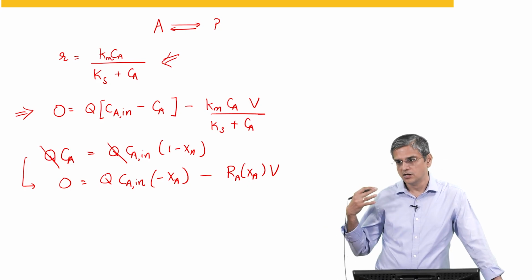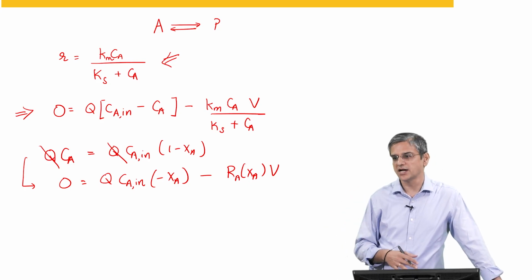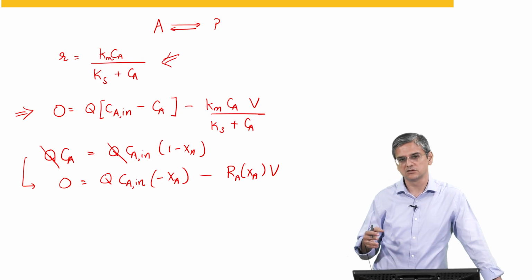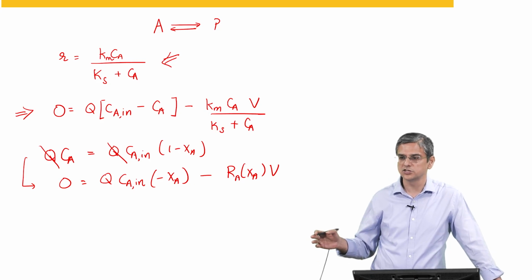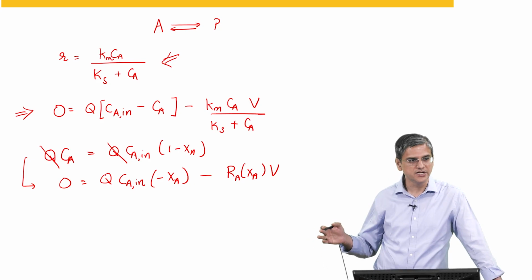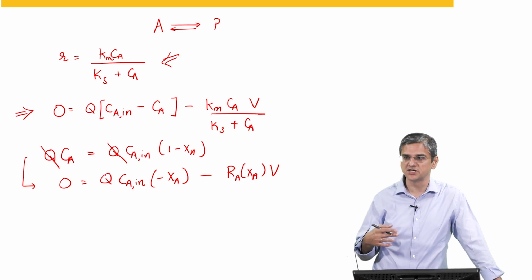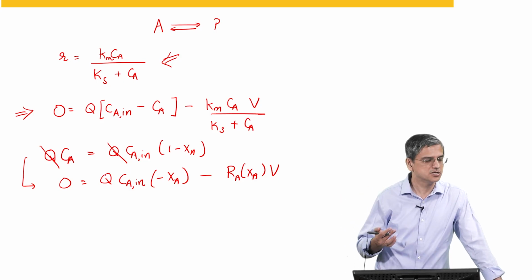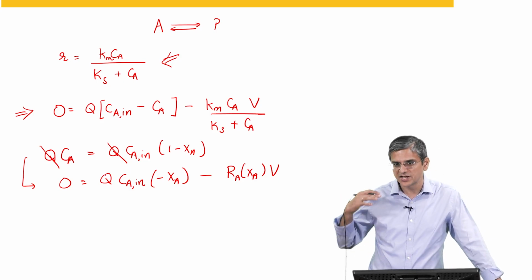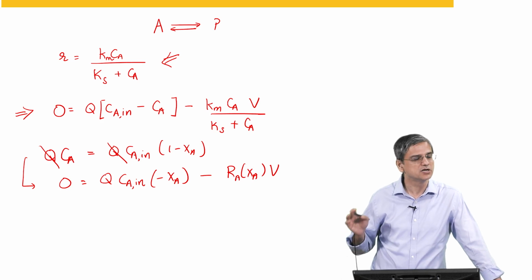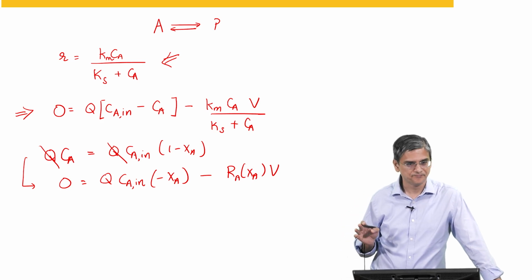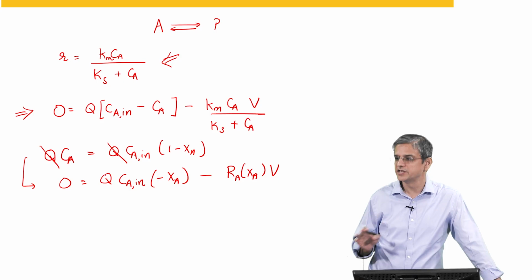When it comes to multiple reactions, the method that works most commonly or most broadly is the concentration based approach for chemical engineers. If this was a mechanical engineering class, everything would be converted into mass fractions, and they would be doing everything in mass fractions.